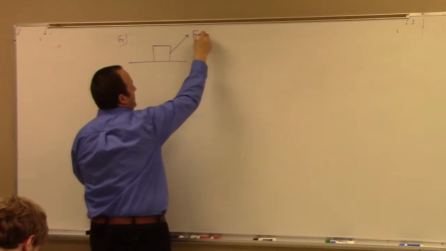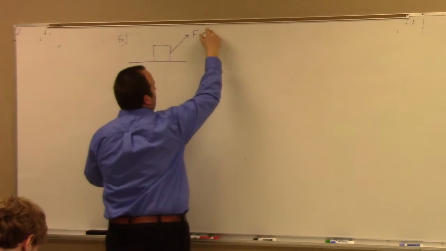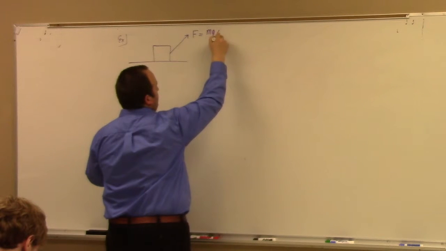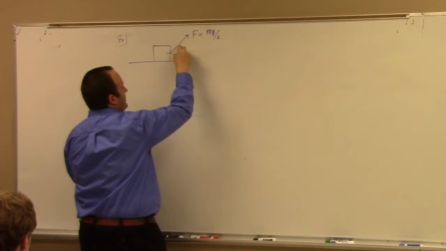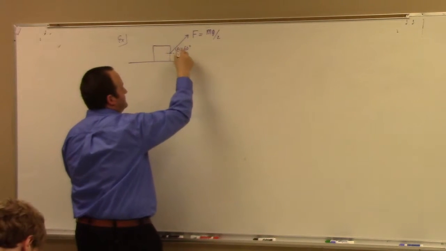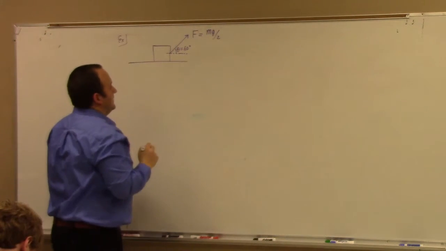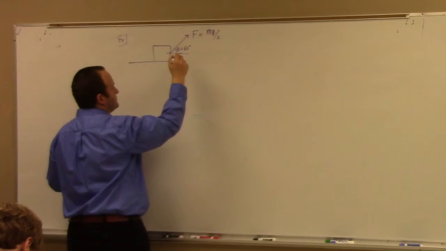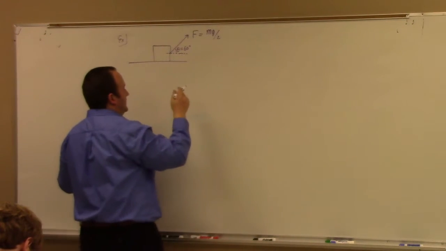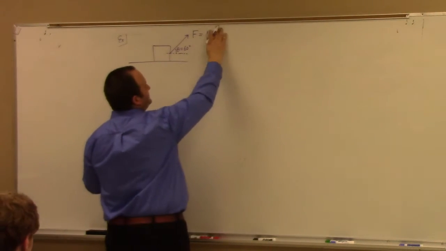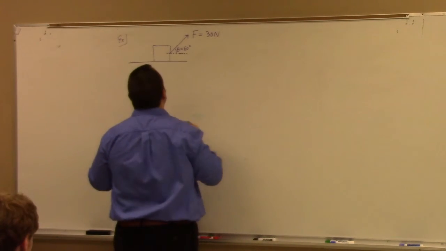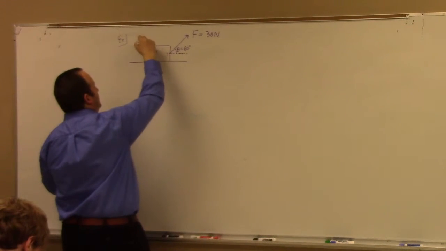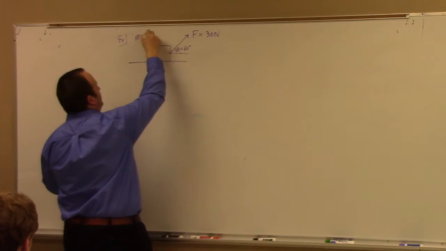Let's suppose I pull on it with a force of mg over 2 at an angle of theta equals 60 degrees. I guess you guys probably want me to put specific numbers in, huh? Fine, 30 newtons. And this is an m equals 100 kilogram box.